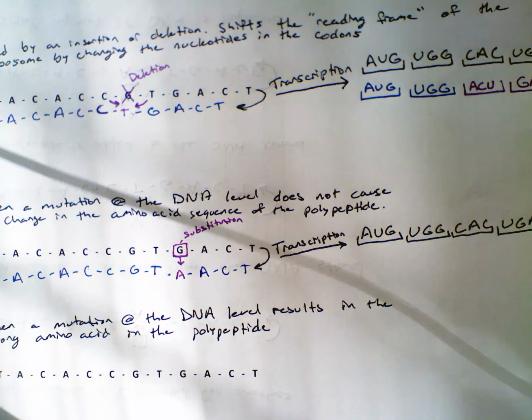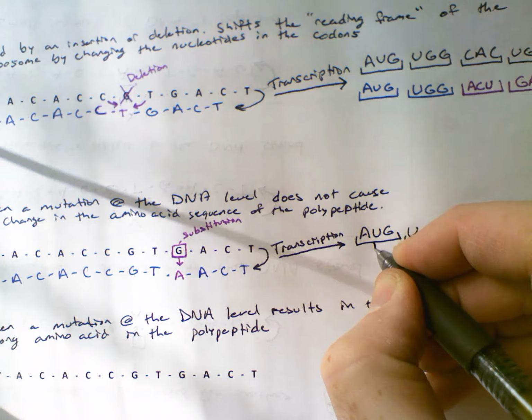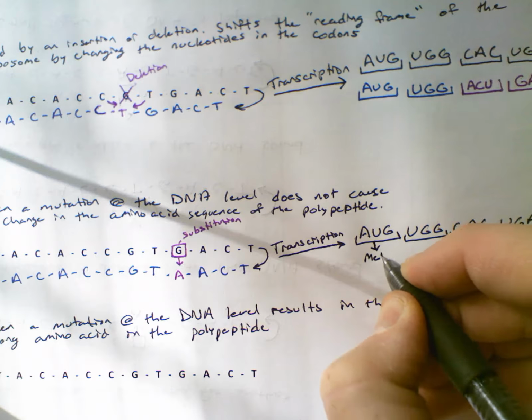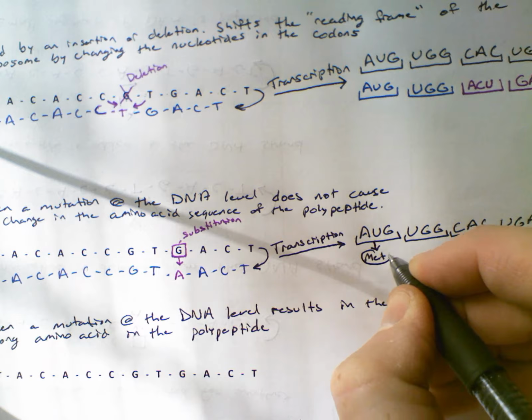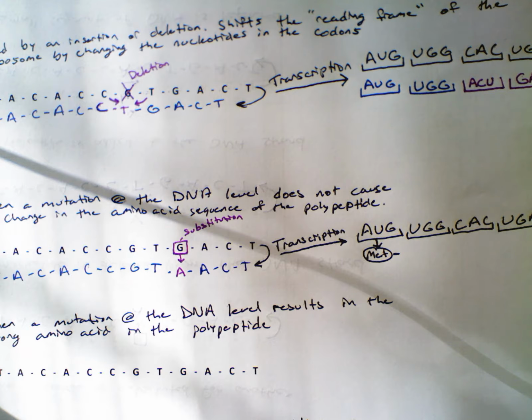Okay, using your codon wheel, what does AUG code for? Methionine, MET. What does UGG code for? Pull out your codon wheels.